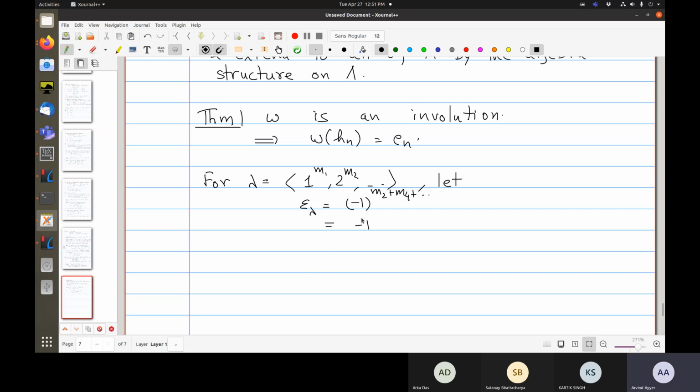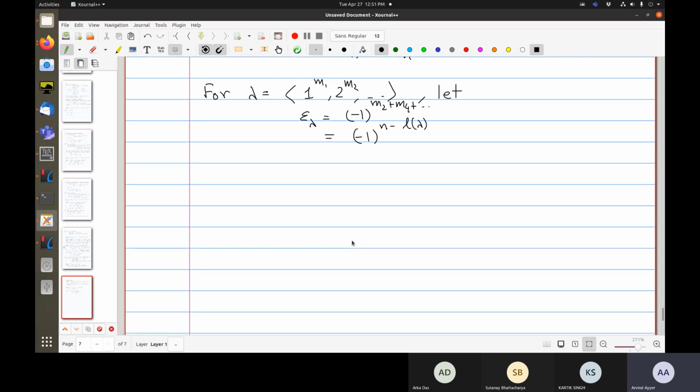Which is -1 to the n minus length of lambda. No, wait a minute, I'm getting confused.